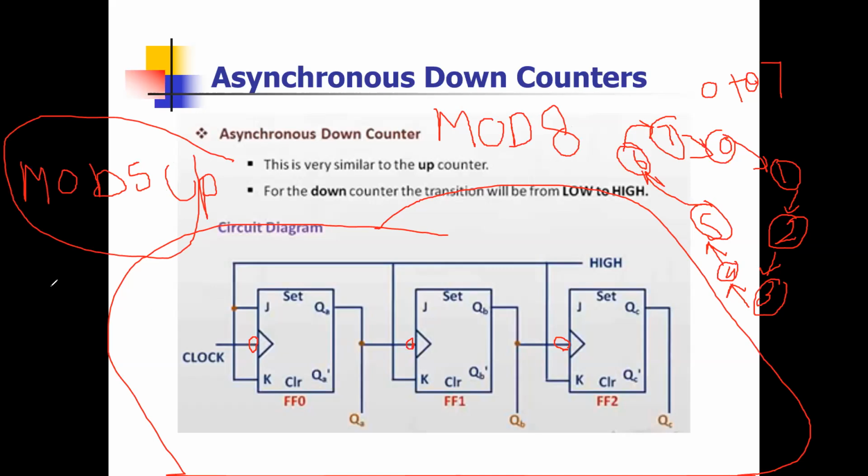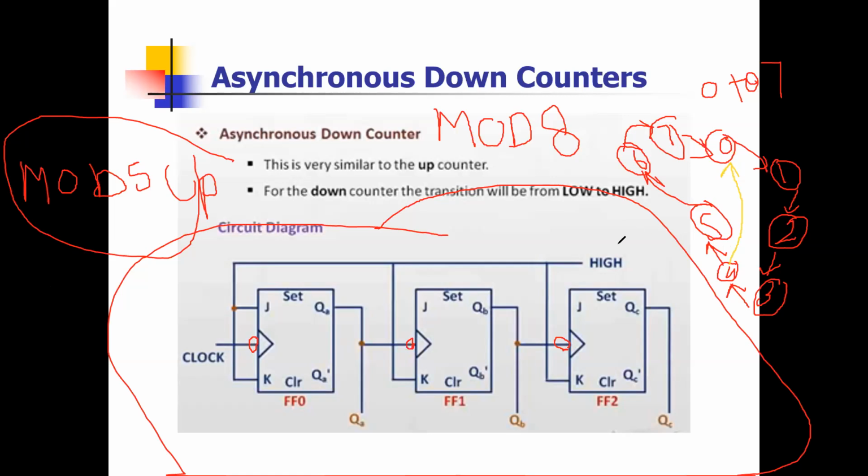It will go 0 to 4. Mod 5 means it will count 0 to 4, and whenever 5 comes, it should go to 0. That means this counter should count 4, and after 4 it should go to 0.